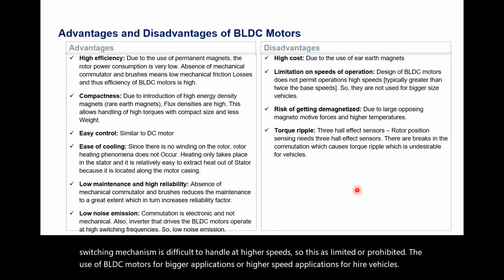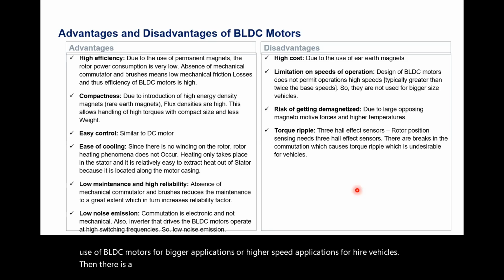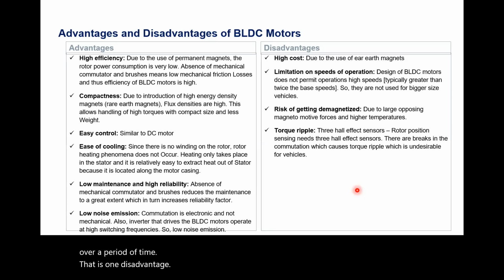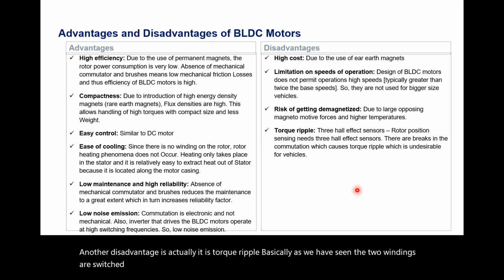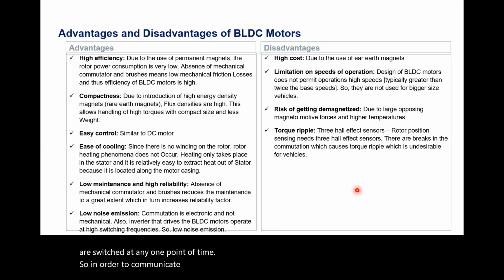Then there is a problem of the magnets losing their magnetic effect over a period of time. That is one disadvantage. Another disadvantage is torque ripple. Basically, as we have seen, two windings are switched at any one point of time. So in order to communicate the position of the rotor, we need three Hall effect sensors for these three windings.